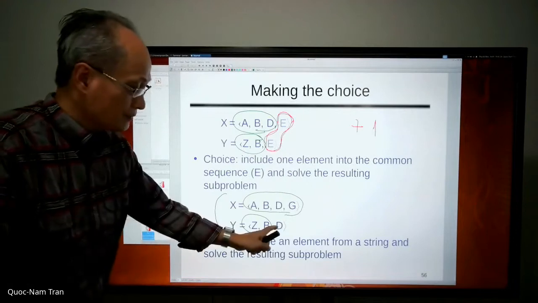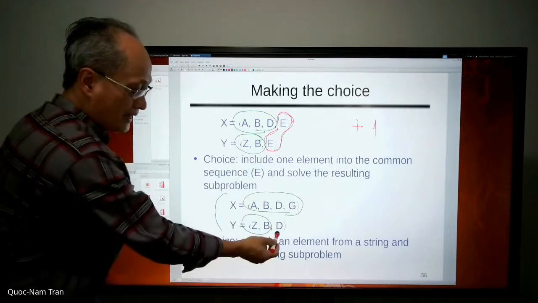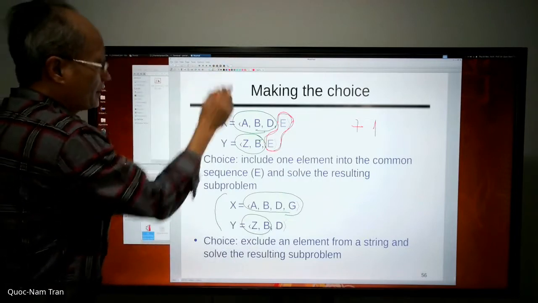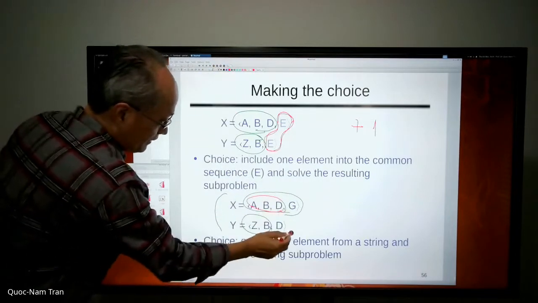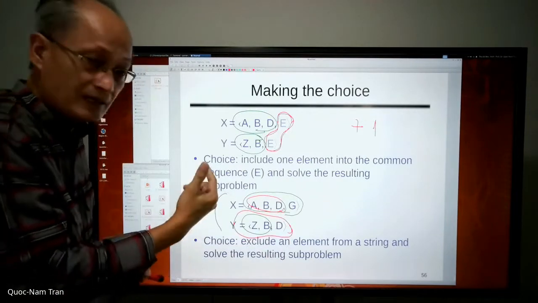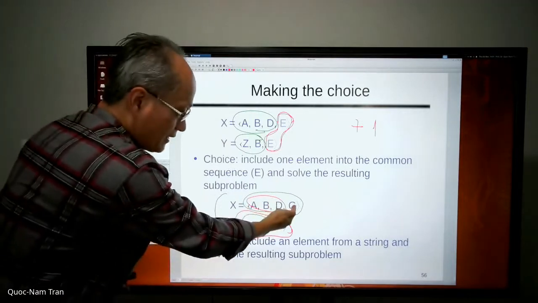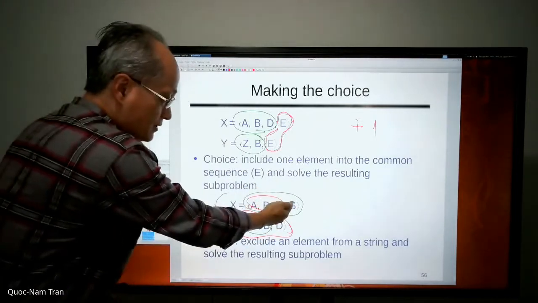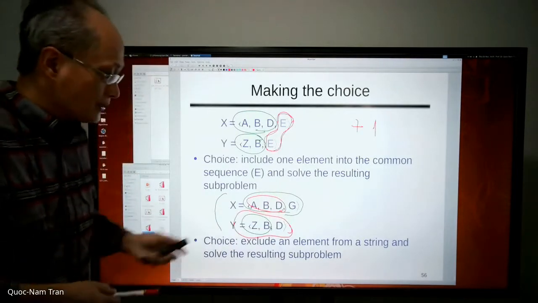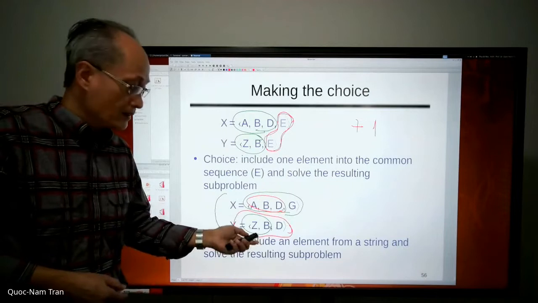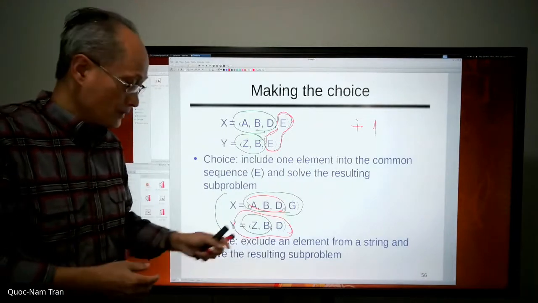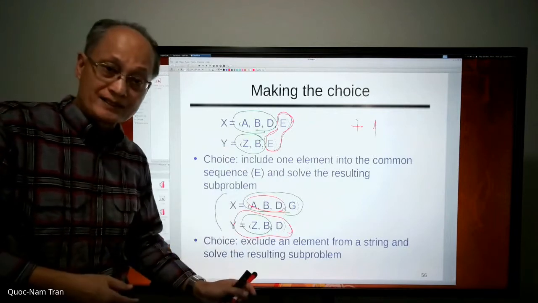Meaning that we exclude the last one of the second sequence, and we compare this one and the rest. Meaning we will try to exclude one element at a time of the first sequence and then of the second sequence. And the longest subsequence of either the red ones or the green ones will give us the longest subsequence for the original sequences, right?